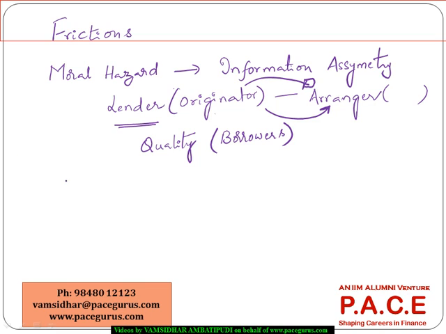So that is one dimension where you see a big friction coming up, and the other dimension is again adverse selection, which is also because of information asymmetry itself.